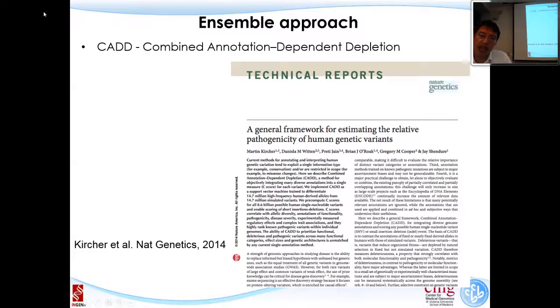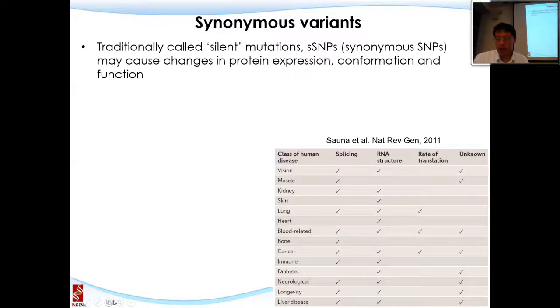So CADD, or combined annotation dependent depletion analysis, is one of the tools for that. Once you feed in a SNP, it will give you a CADD score, and that will help you summarize many different tools and then give you one final score to do the prioritization.